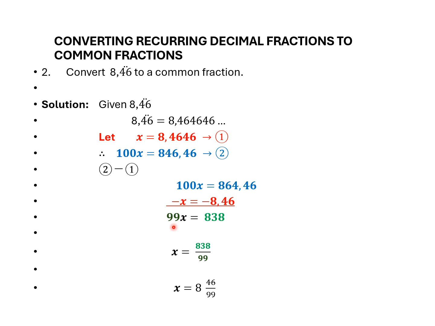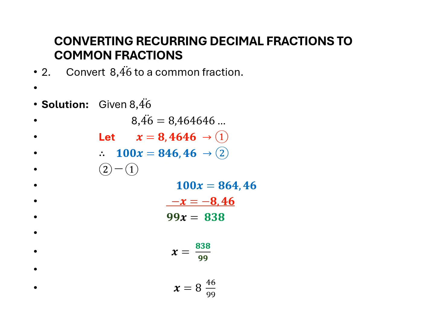From there, 99x divided by 99 gives me 1x, and 838 divided by 99. So x equals 838 over 99. And if I write it as a mixed fraction, x equals 8 and 46 over 99. So that's the second example.